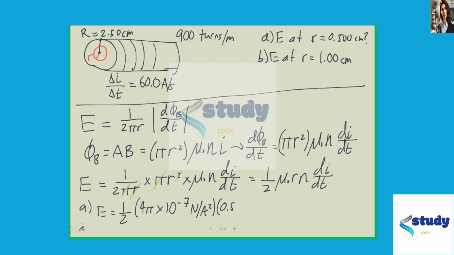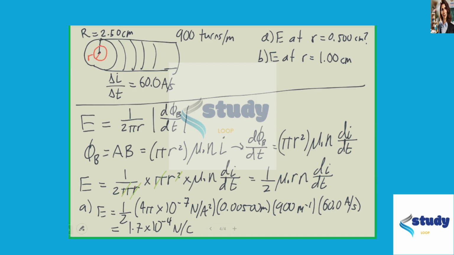Actually, we should be a bit careful and convert that to meters. 0.00500 meters. We have to make sure we're in SI units here. n is the number of turns per meter, so that's just 900 per meter. And dI/dt was given to us, that's 60 amperes per second. And that is the final answer of 1.7 times 10 to the minus 4 newtons per coulomb.